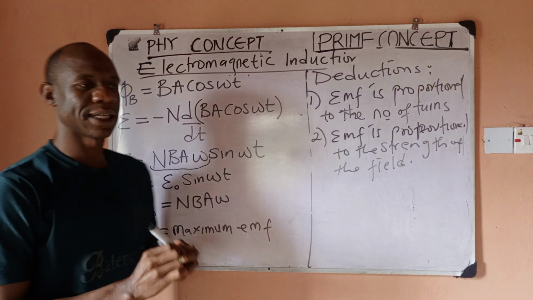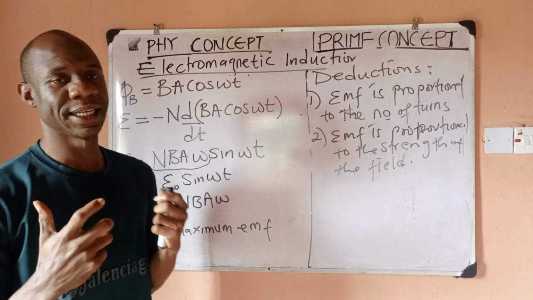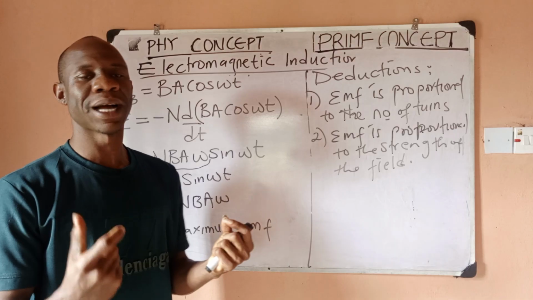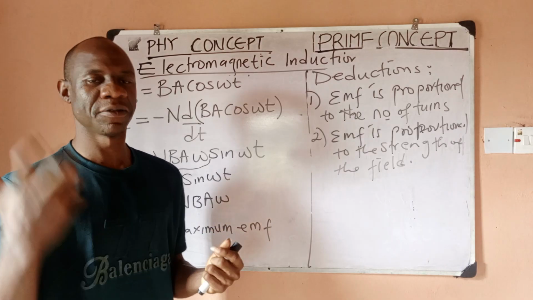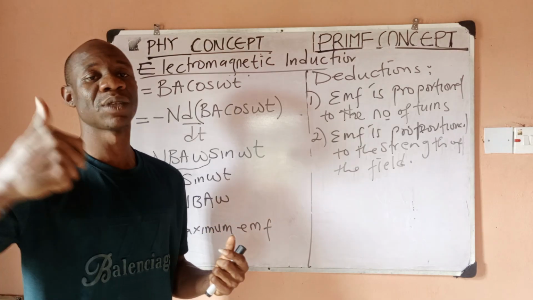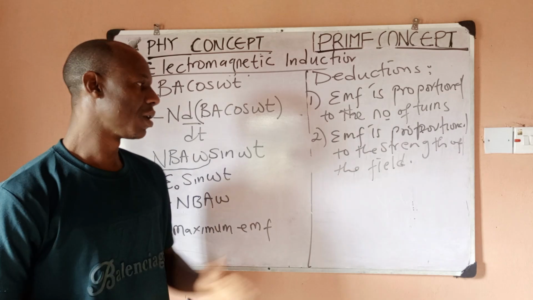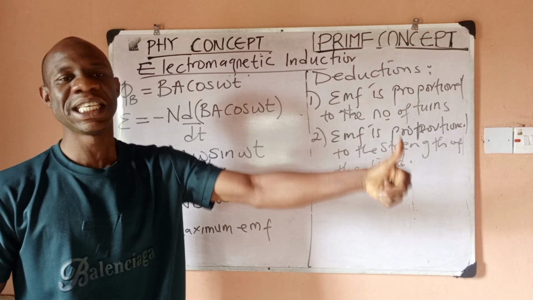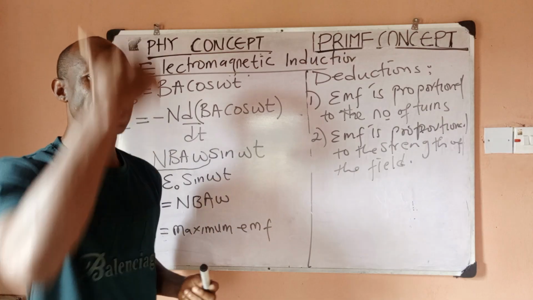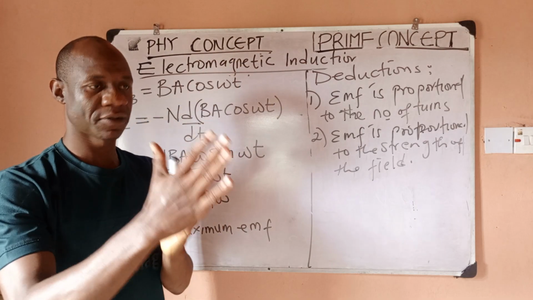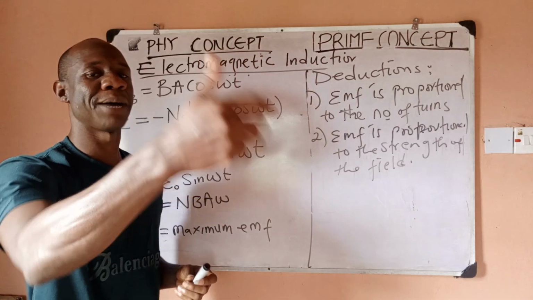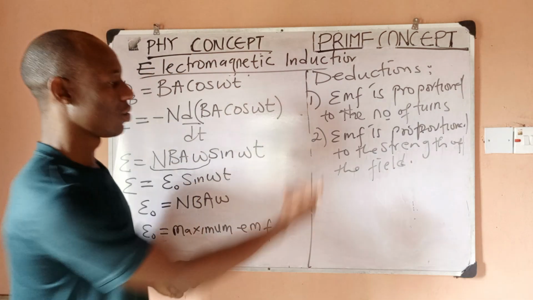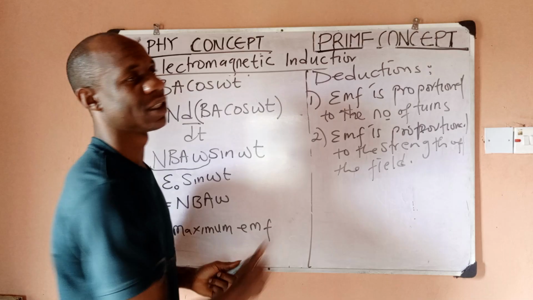It simply means that if you have two magnets, one smaller and one bigger, which of these two magnets would give you a higher EMF? A bigger magnet, because a bigger magnet would create a stronger field. So the stronger the magnetic field, the higher the EMF that would be induced. Bigger bar magnets would give you higher results than smaller bar magnets. So EMF is proportional to the strength of the field.